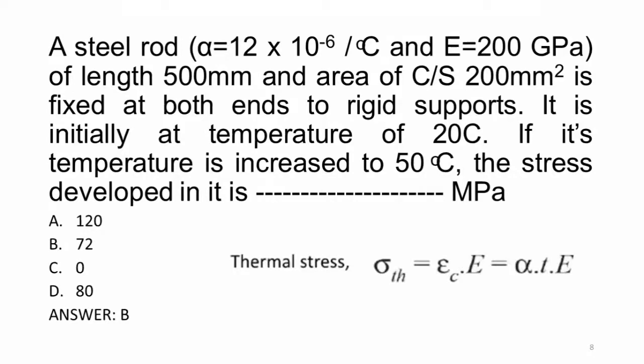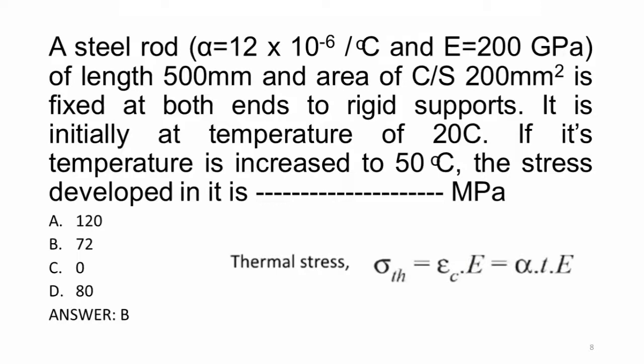So this is our equation, alpha TE. Alpha is given as 12 into 10 raised to minus 6. Then temperature change will be 50 minus 20, which is 30. And capital E, substitute the value in appropriate units, which is 200 gigapascal. If required, you convert this into Newton per meter square.